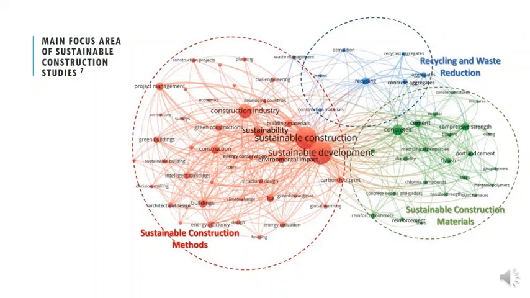If it is the case of co-occurrence links, it indicates the number of publications in which two terms occur together. Referring to this diagram, the strength of the link between two items, for example, global warming and energy utilization, refers to the number of publications in which these two terms occur together.